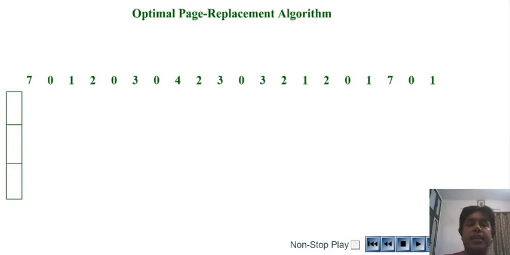As we have seen in both the algorithms, first in first out and least recently used, since initially my memory is empty of page frames, I'm going to have a page fault for the first 3 pages. So let's get started.